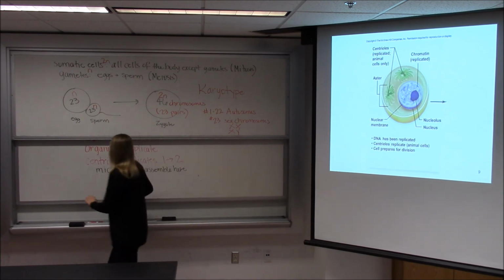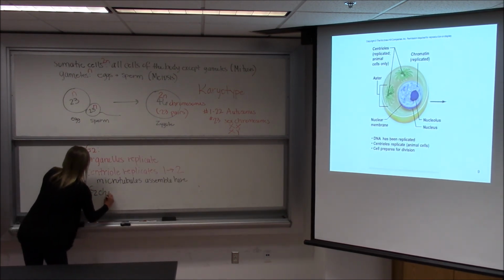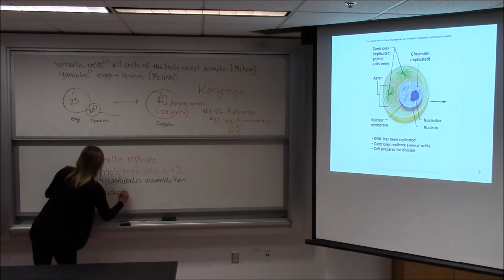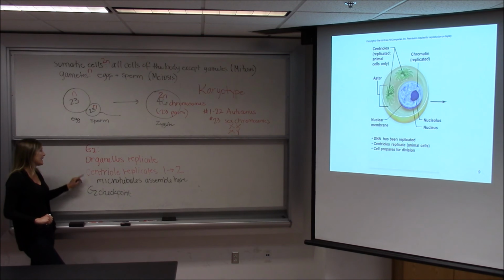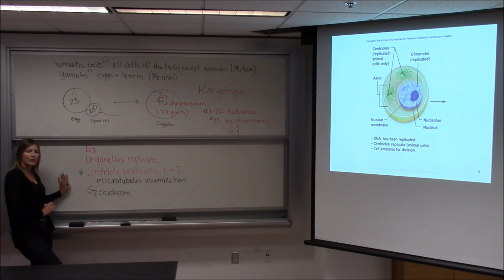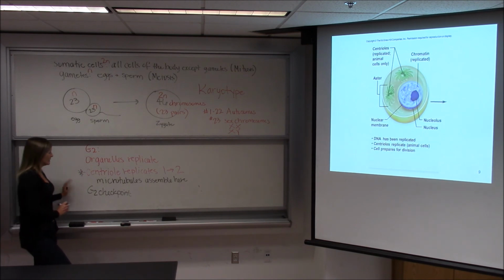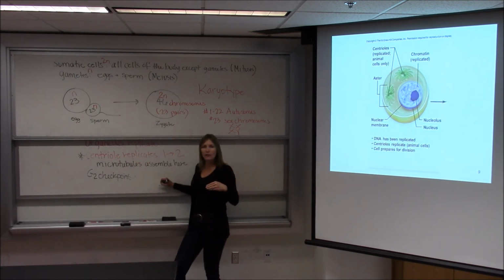There's going to be another important checkpoint at the end of G2. That G2 checkpoint is really asking the question, is the cell ready to divide? And in particular, did the centriole replicate? Remember, G1 was asking, are there any DNA mutations before the cell is allowed to replicate its DNA?